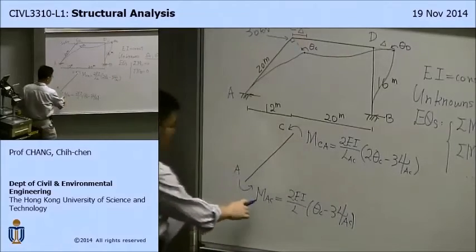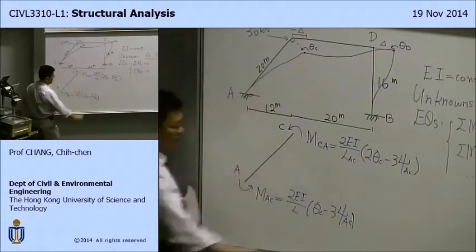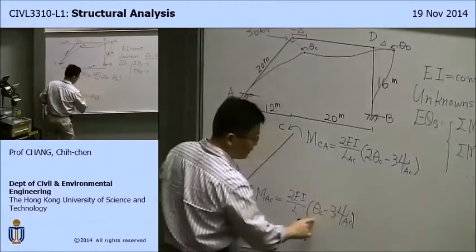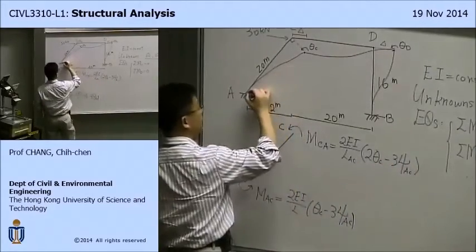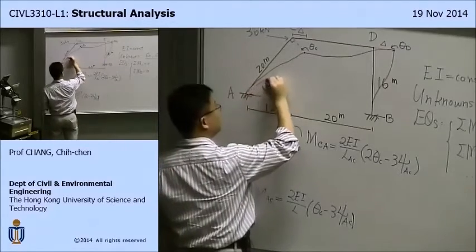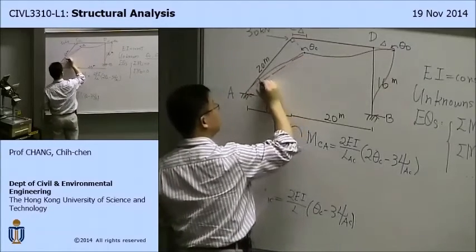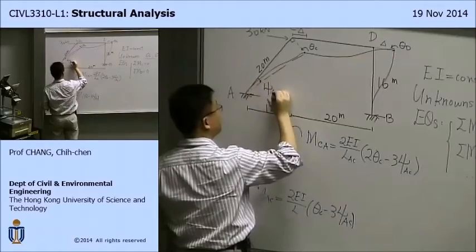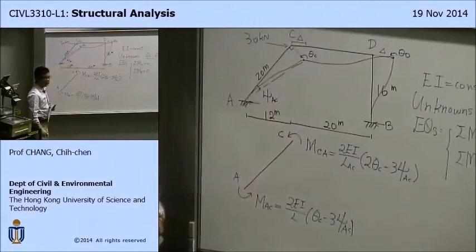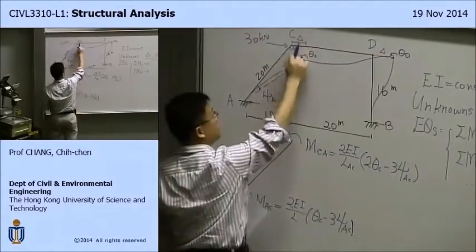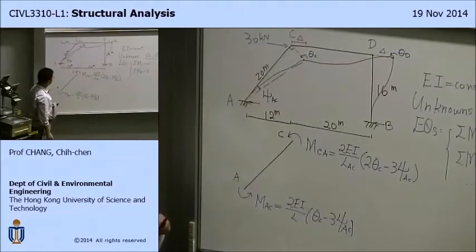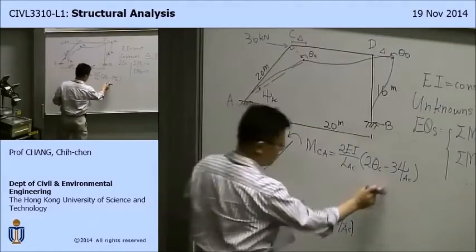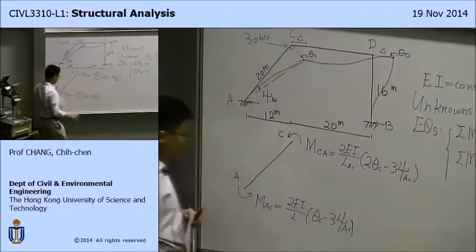So I can set up these two end moments, no problems. They will be functions of theta C as well as the rigid body rotation angle. So I just need to figure out what the rigid body rotation angle is. So this is going to be the rigid body rotation angle. And you can see that it's going to be a function of delta. So I can set this up, set that up, no problems.